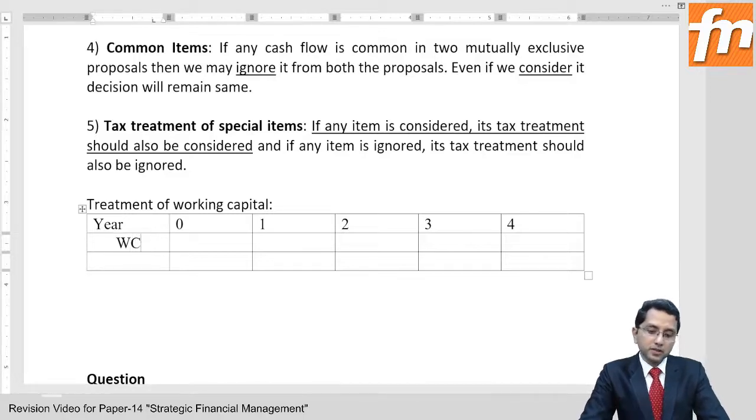To start the business, working capital needed is suppose 200 lakhs, imaginary numbers. And then it remains as 200 lakhs.